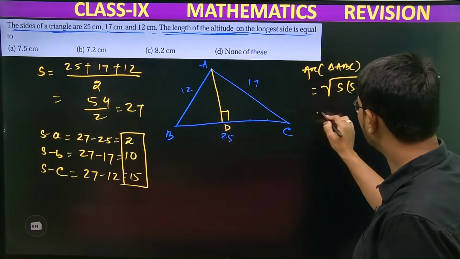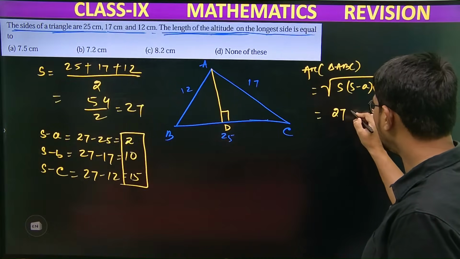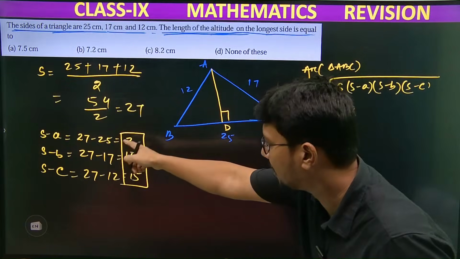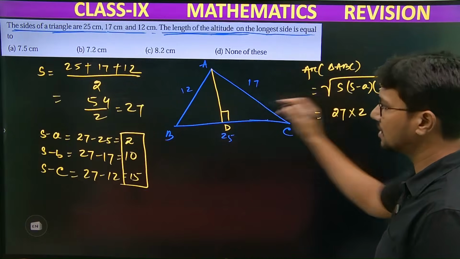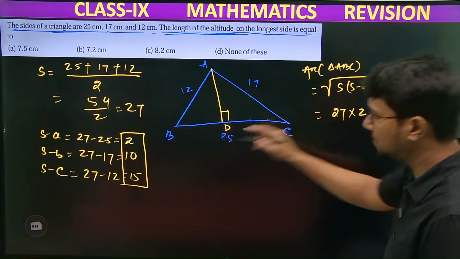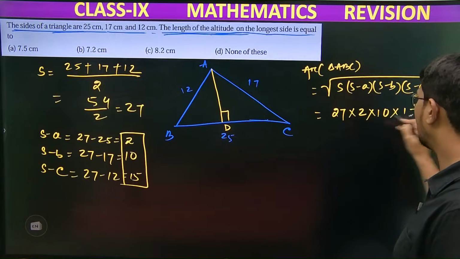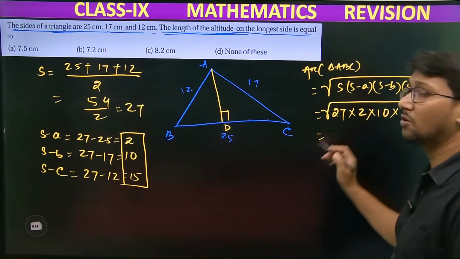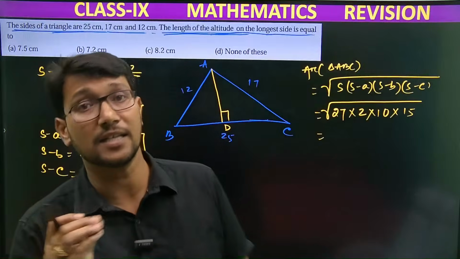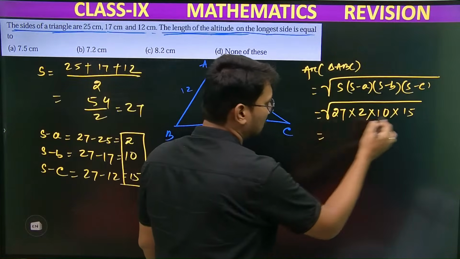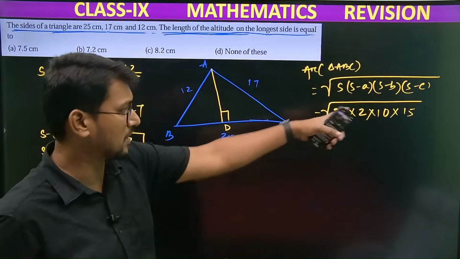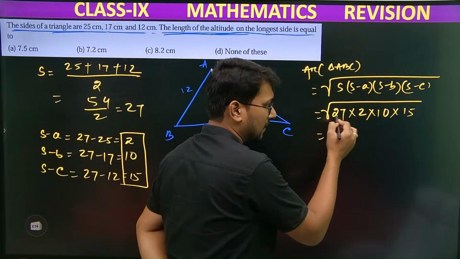So now 27 into 2, 10 and 15, all under the square root. For finding the square root, we have to factorize all the factors by the prime factorization method.